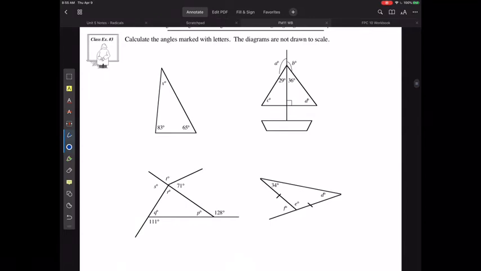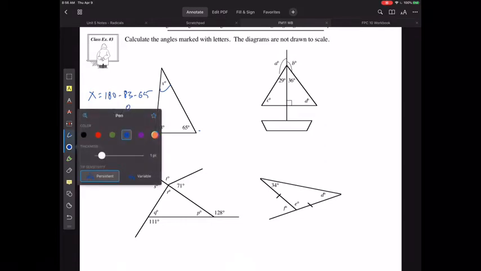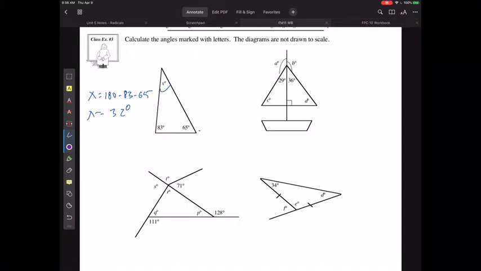So in the first case, I know that all of the angles inside of a triangle add up to 180. If I'm solving for x, then x is just going to equal 180 minus 83 minus 65. X is equal to 32 degrees. When I go to my second example, I can see that A and 29 are supplementary. They add up to a straight line.